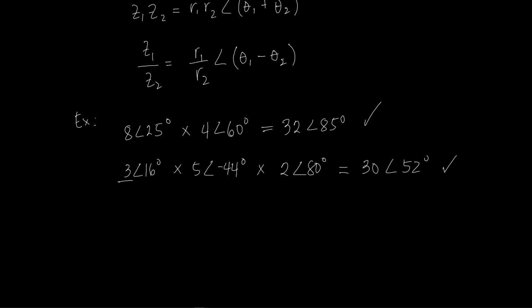So, what you do is 3 times 5 times 2, that is 30. Then 16 minus 44 plus 80. Okay?